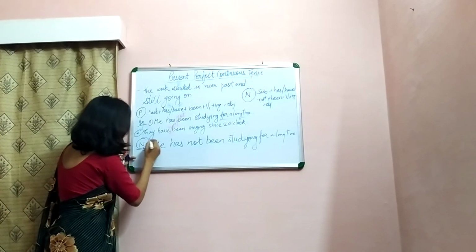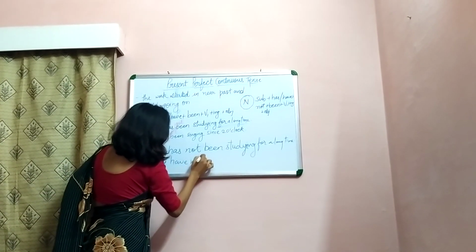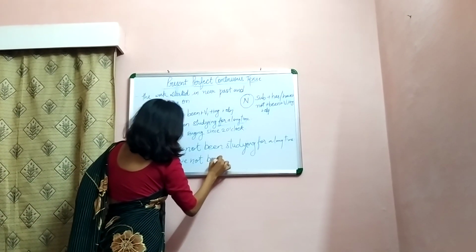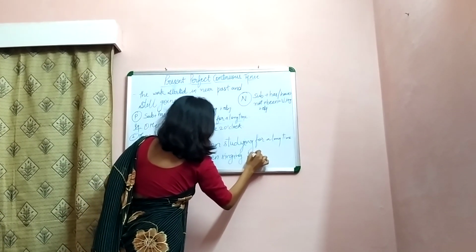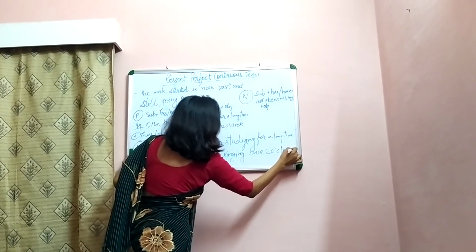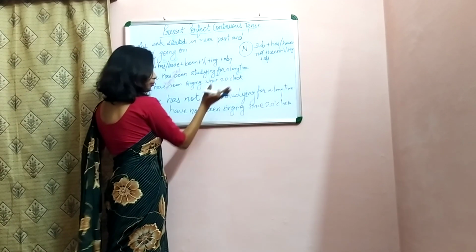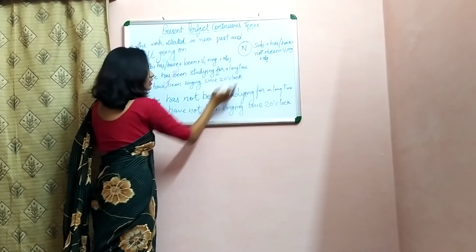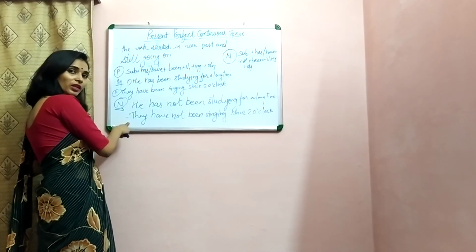And this one for plural, they have not been singing since 2 o'clock. You can again pause the video and match these two sentences with this rule. I hope you must have understood.